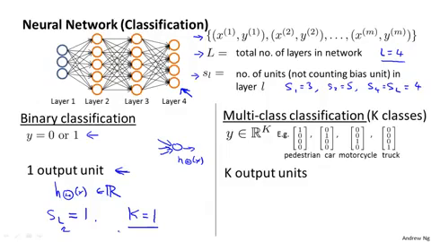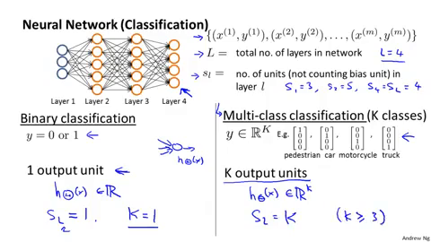The second type of classification problem we'll consider will be multi-class classification, where we may have K distinct classes. So our early example had this representation for y if we had 4 classes, and in this case we would have capital K output units, and our hypothesis will output vectors that are K-dimensional, and the number of output units will be equal to K. And usually we would have K greater than or equal to 3 in this case, because if we had 2 classes, then we don't need to use the one versus all method.